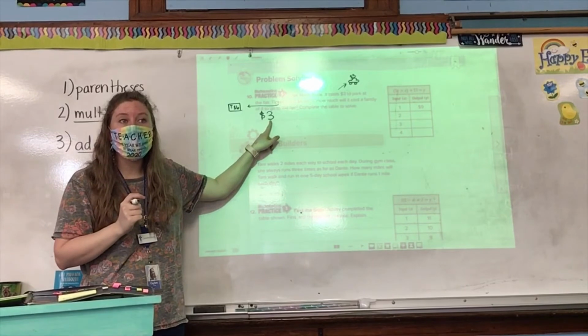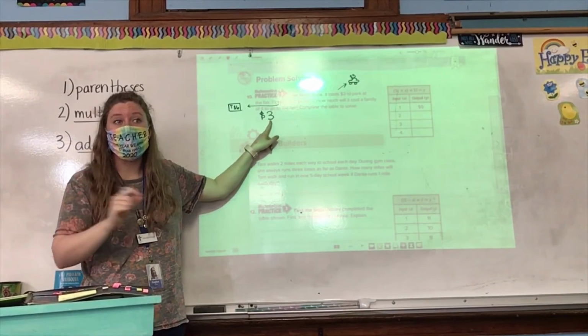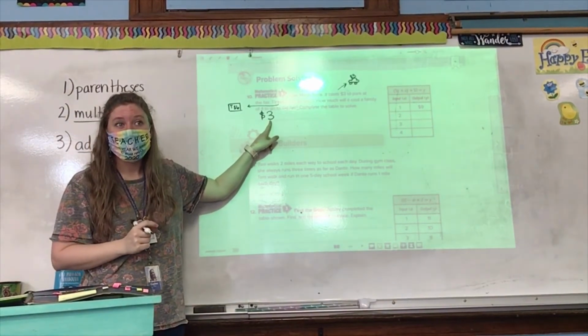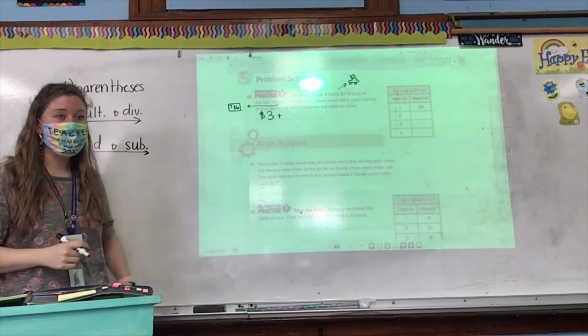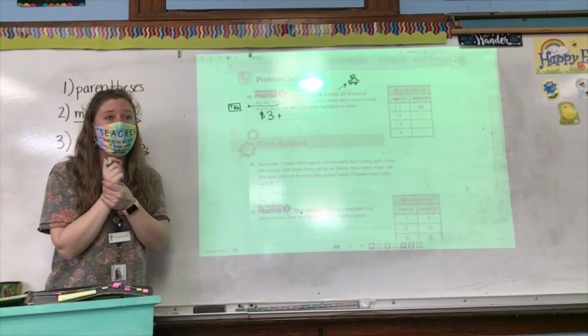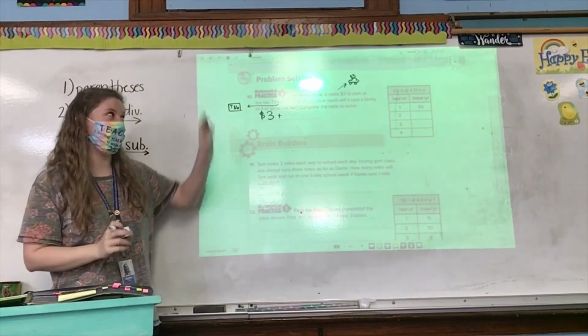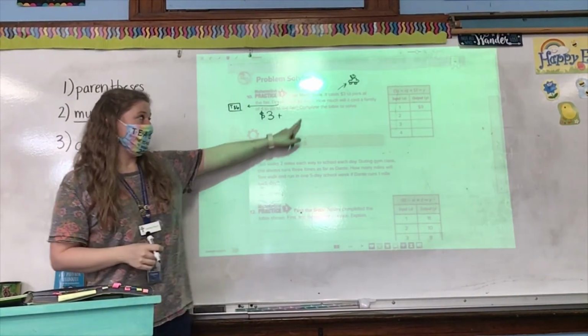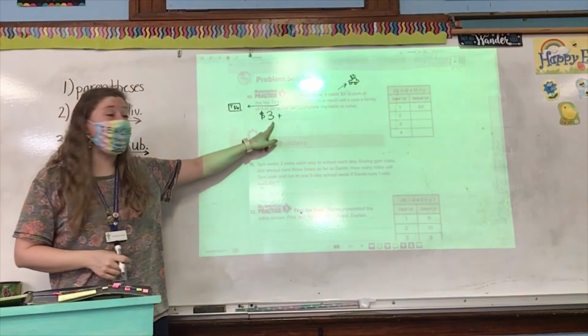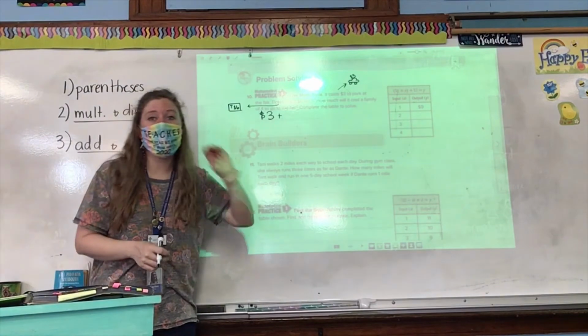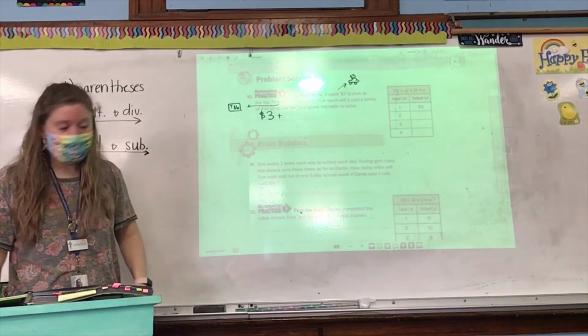So what are we doing with the amount of money for parking the car one time, Aaron? We're adding it. If we only do it once, it's either adding to the total or subtracting from the total, depending on the situation. In this case, we're trying to find the total amount of money they're going to pay. So we have to add the $3 for parking to their total cost.